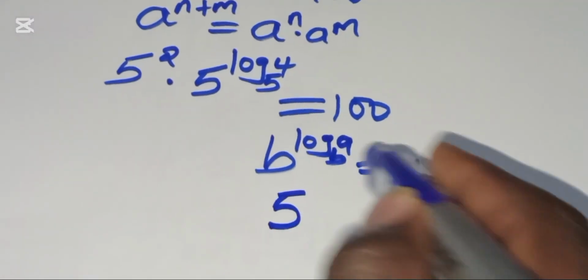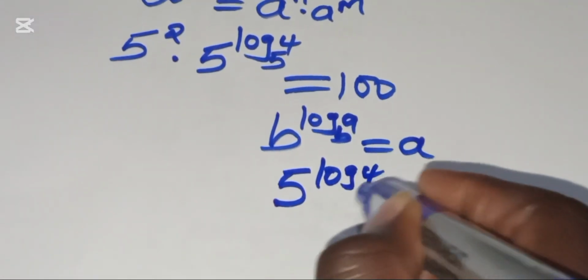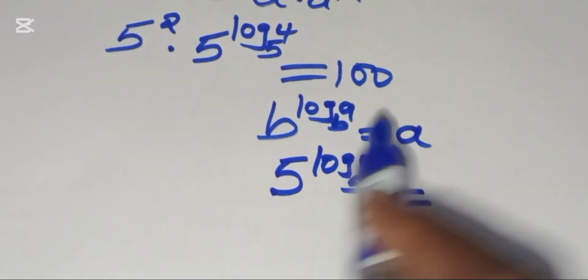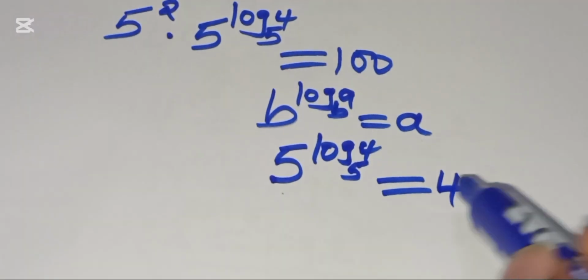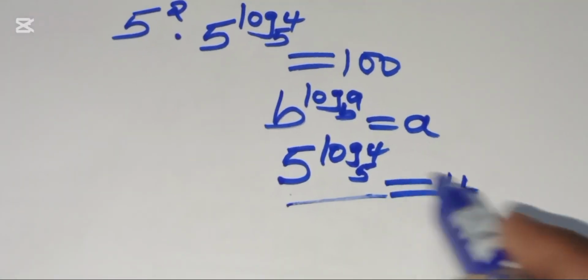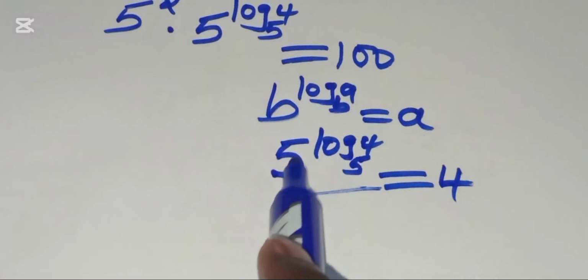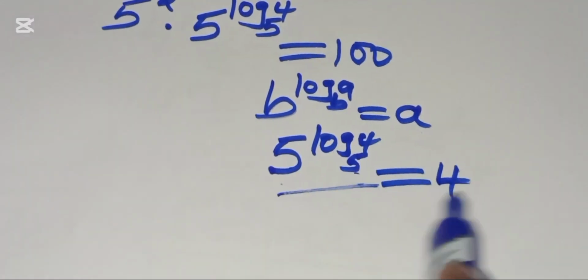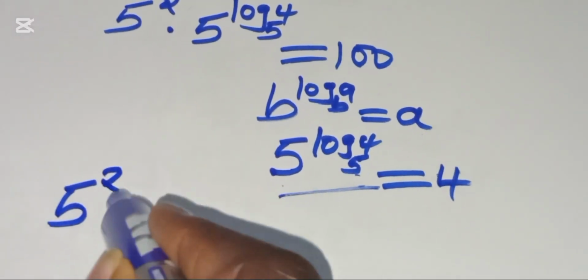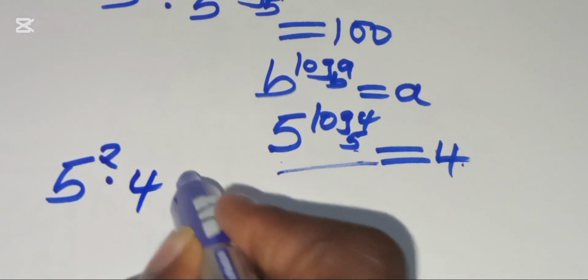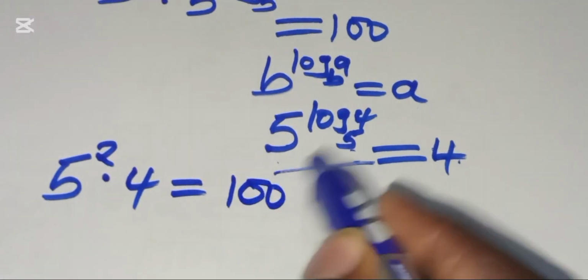If you have 5 raised to power log 4 to base 5, since the bases are common, you're going to have 4. So applying this property, we substitute 5 raised to power log 4 to base 5 with 4. So you're going to have 5 squared multiplied by 4. This is supposed to give us 100.